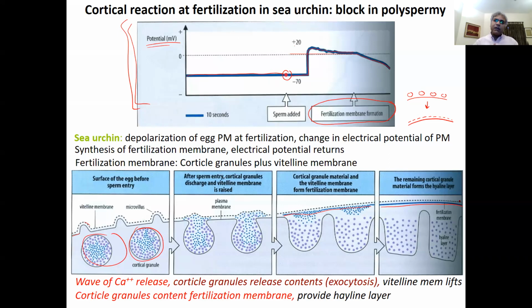Now, this fertilization membrane is important because they block the polyspermy. They are an indication that one sperm has fertilized, and they prevent any other sperm which may be trying to fertilize. So that's an indication to the rest of the sperms. They then die away. Okay.